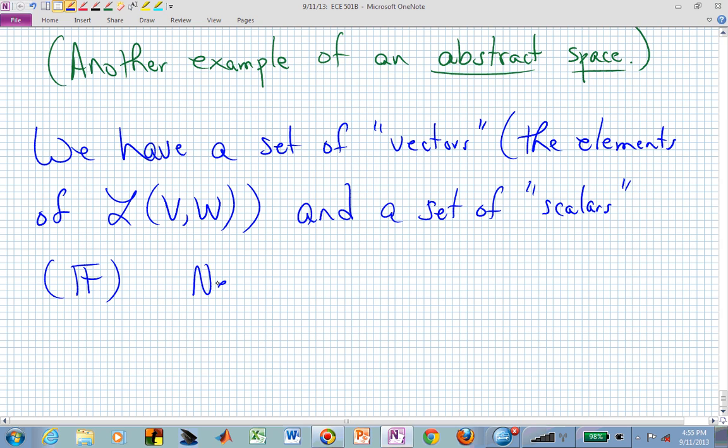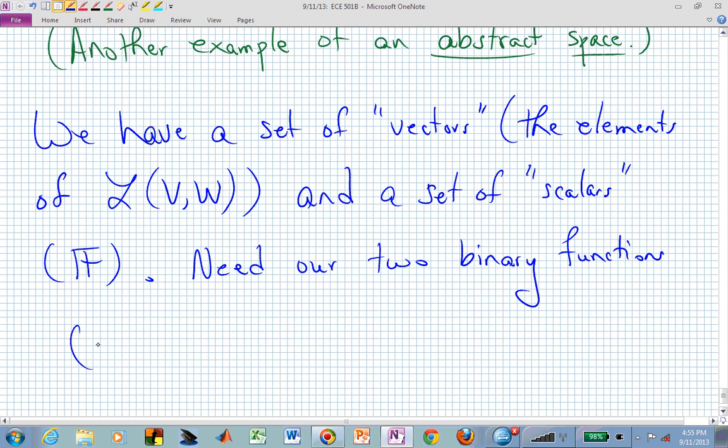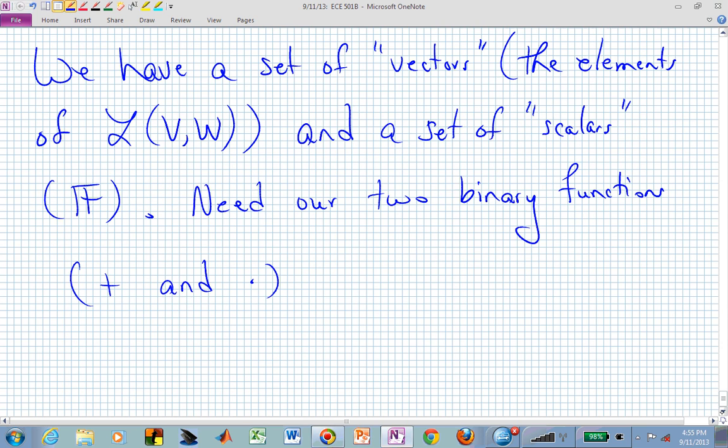Now we need our two binary functions. Plus and multiplication.